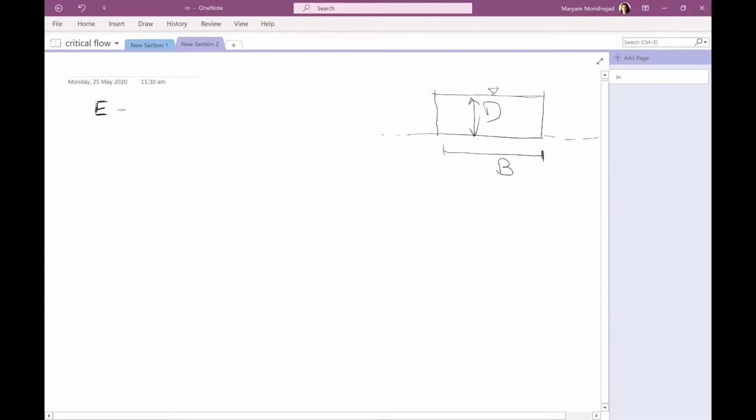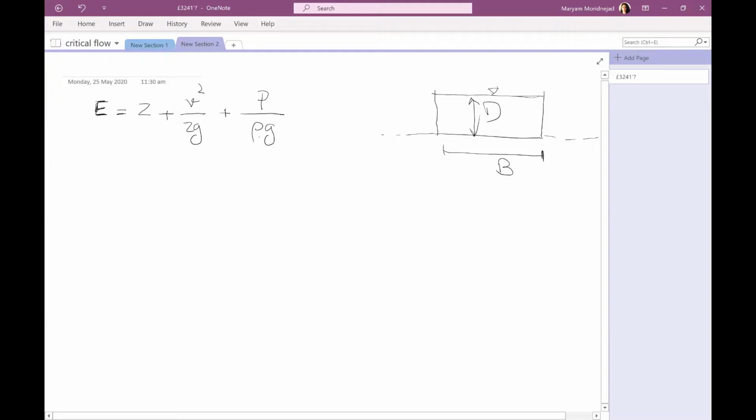The general form of specific energy is Z, or elevation head, plus V squared over 2G, or velocity head, plus P over rho G, or pressure head.